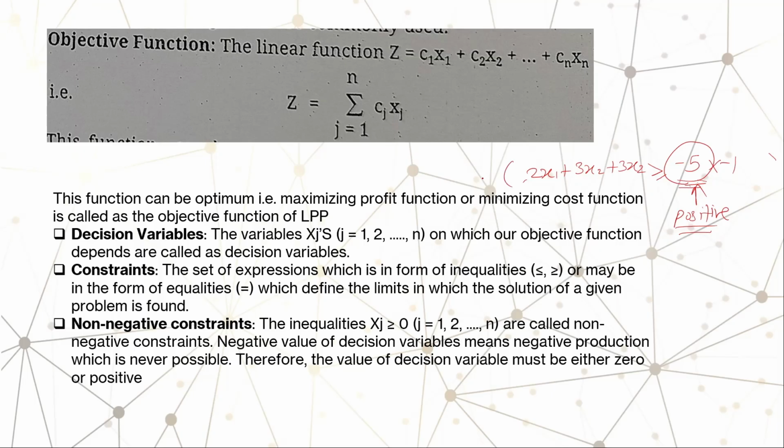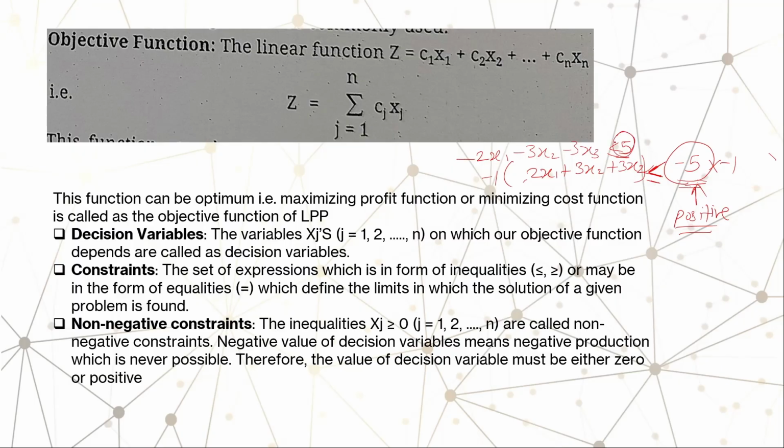If you multiply by minus 1 on both sides, your sign also gets reversed. If this was your sign, then after multiplying by minus 1 it becomes less than or equal to, so your function becomes minus 2x1 minus 3x2 minus 3x3 less than or equal to plus 5.